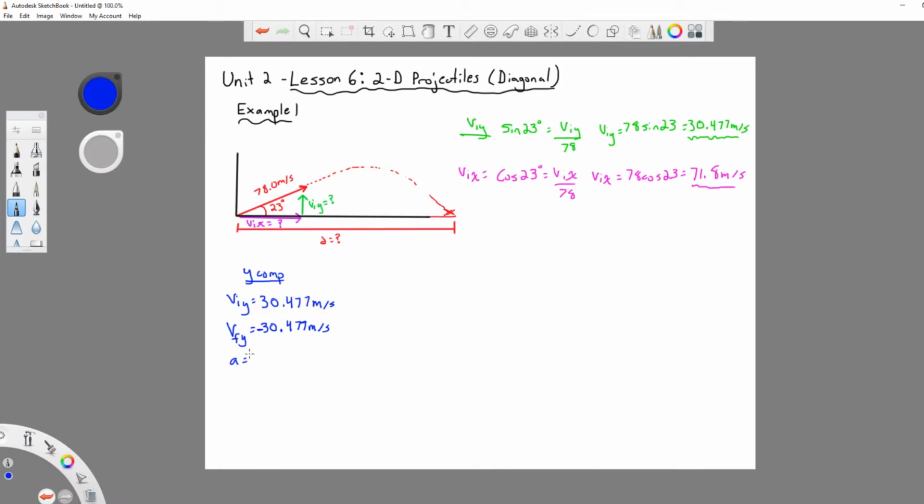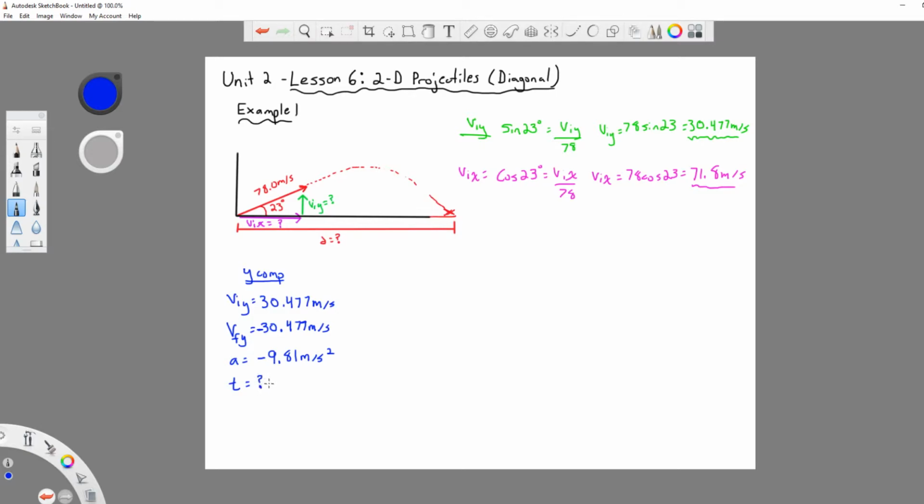Since this is on Earth, I guess it doesn't specify, but I'll let you know it's on Earth. Our acceleration is going to be negative 9.81 meters per second squared. And it's negative again because up is our upward direction. Gravity is working downwards. We discussed we want time because we're going to use it in part 2.